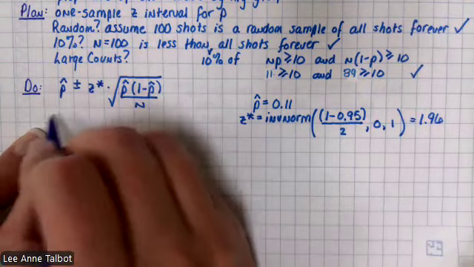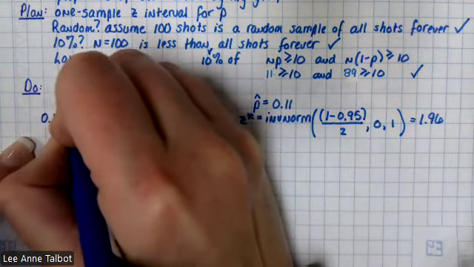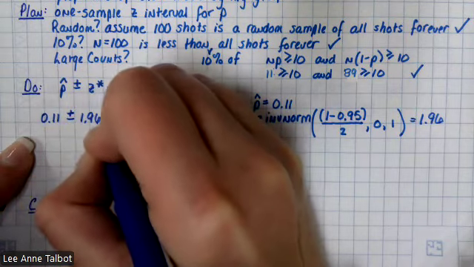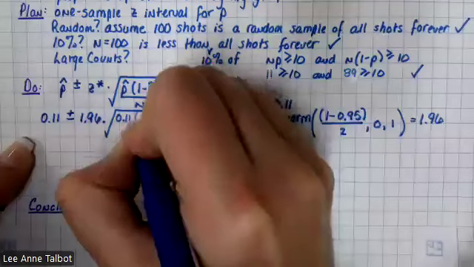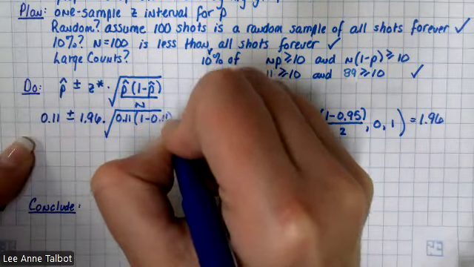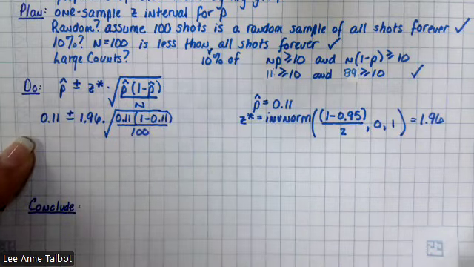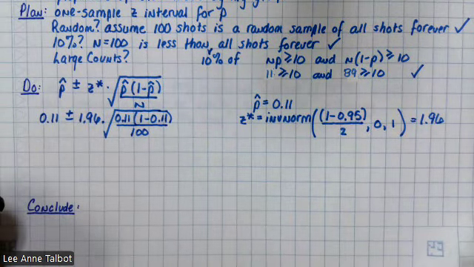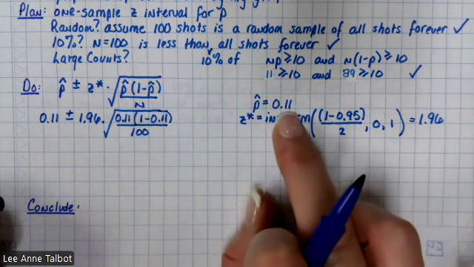You guys use your number, not mine. 0.11 plus or minus 1.96. You're supposed to use your number here.